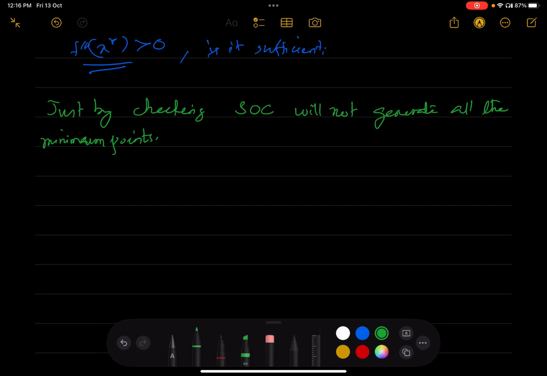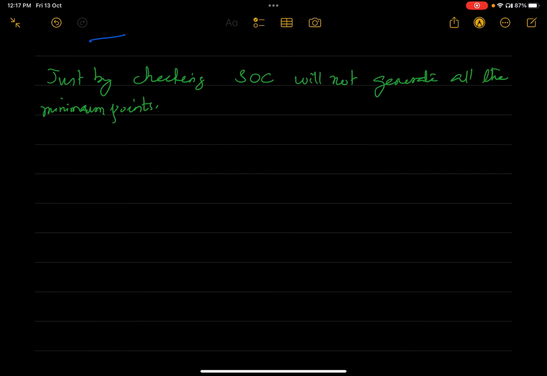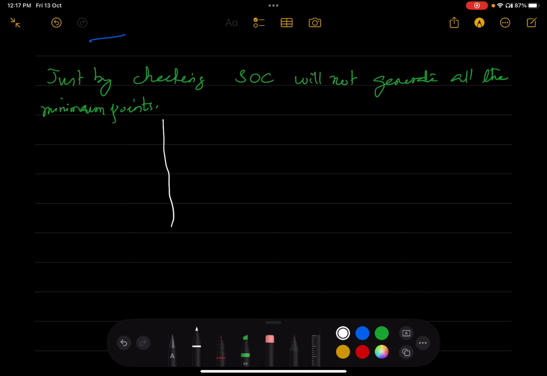So let's take an example to understand this more clearly. Let's consider the function f of x is equal to x square, right? How do we proceed? We have the first order conditions. We take the derivative and put it equal to 0.